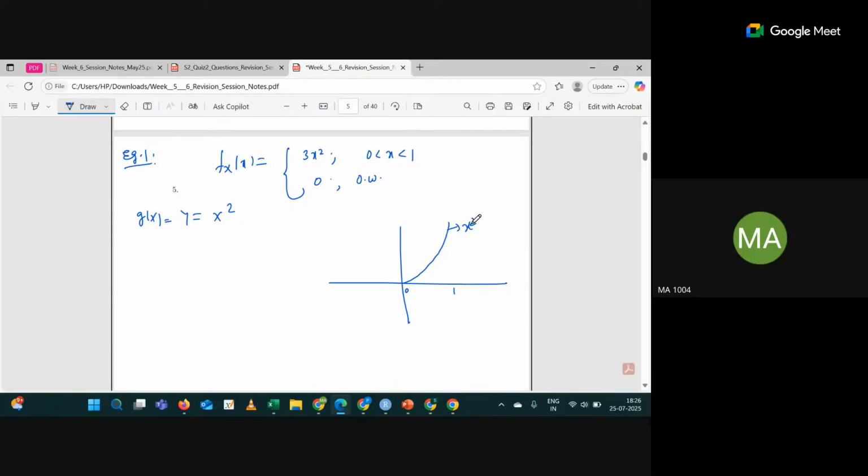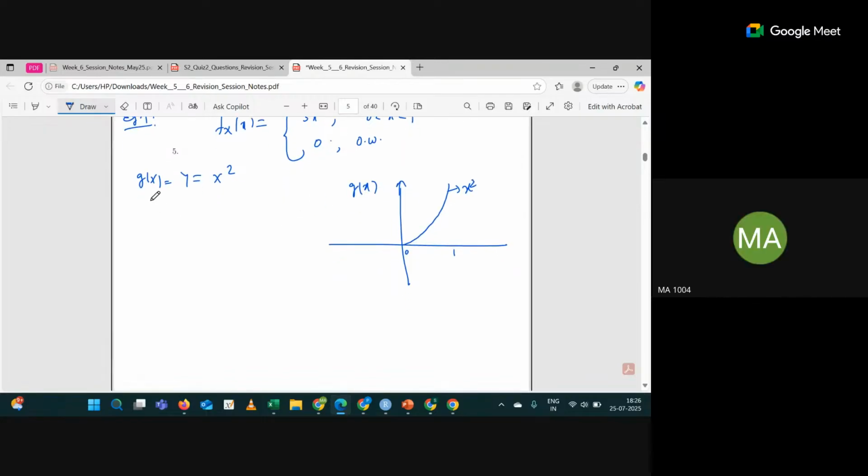So is this monotonic or not? It's increasing in the support of x, 0 to 1. So it's monotonic, and it's also continuous and differentiable, right?